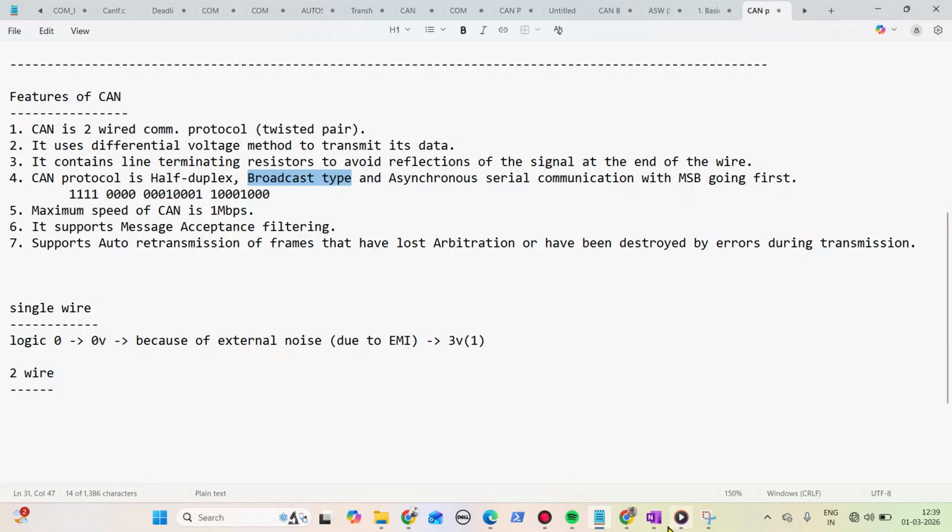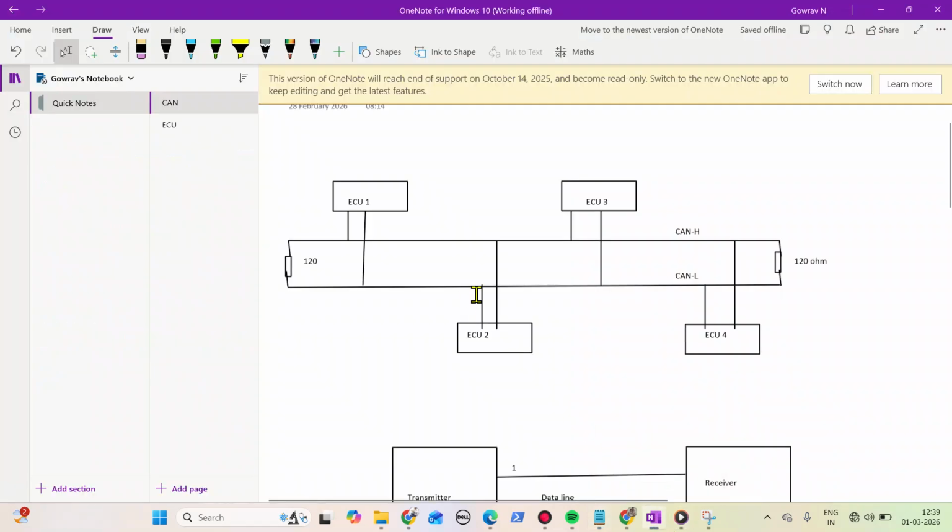For example, consider this scenario: my ECU1 is transmitting the data and I have 3 other ECUs which are receiving. Whatever data I am transmitting from ECU1 has to be received by ECU4. ECU2 and ECU3 don't need that data, only ECU4 requires it. Then what we can do is filtering.